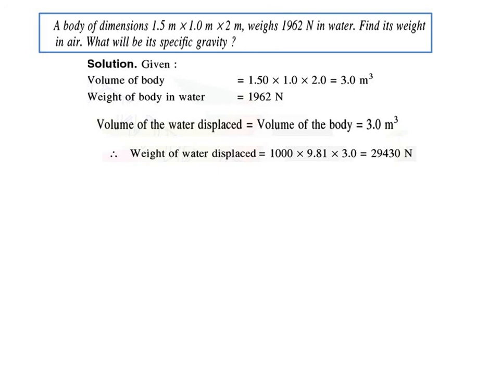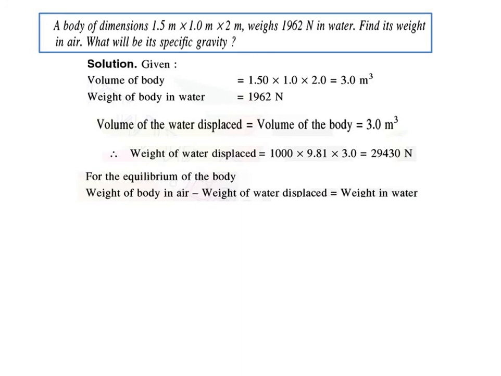So the weight of water displaced is 1000 into 9.81 into 3, which is 29,430 Newton. Now from equilibrium of the body, the weight of the body in air minus the weight in water equals the weight of water displaced.